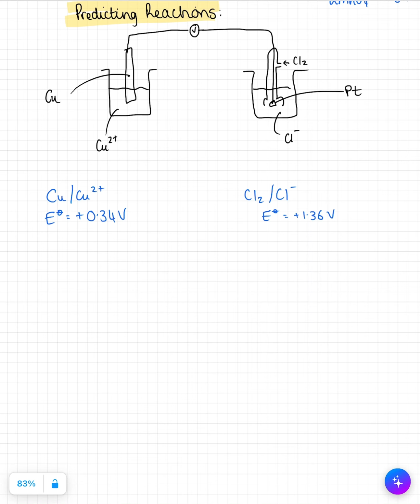So let's write the reduction reactions. That's gaining of electrons. So that's Cu2+ plus 2e- gives us Cu, and that is an E value of plus 0.34.